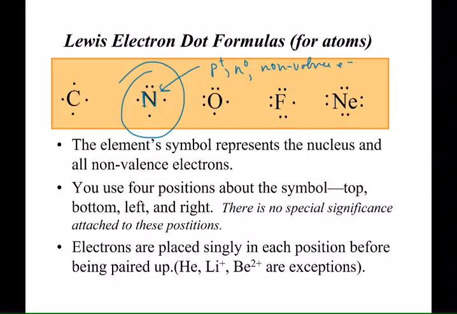That's what the N represents. Then those 5 valence electrons are represented by dots here. Of course, that's 5 electrons.